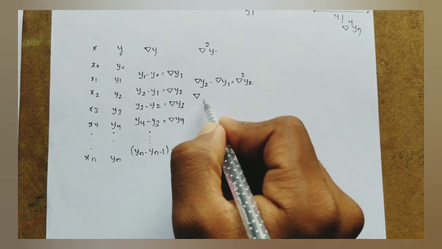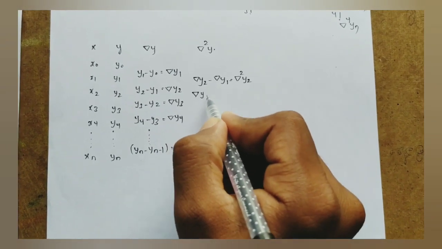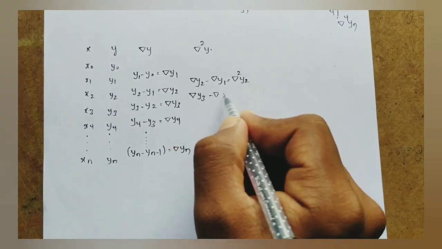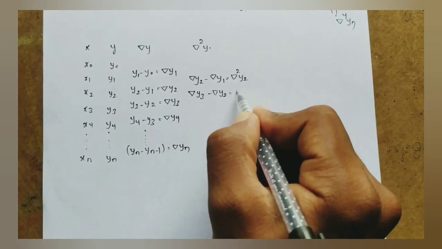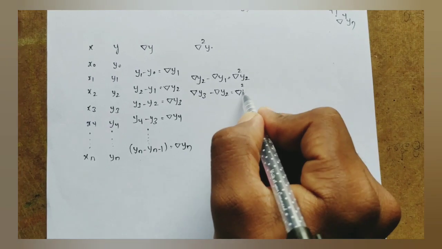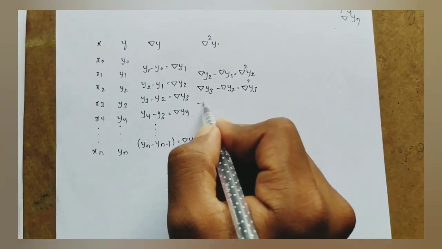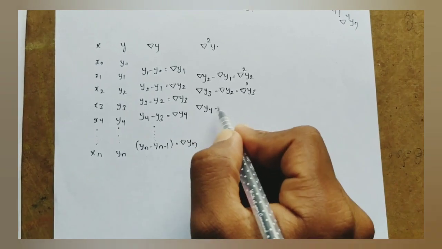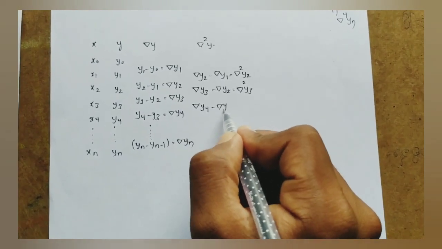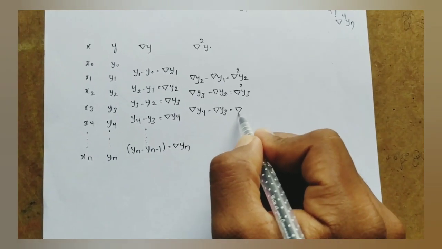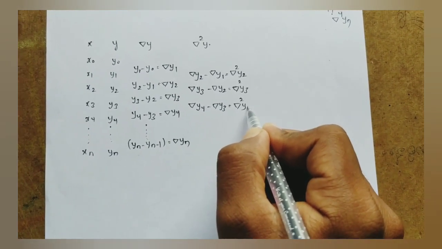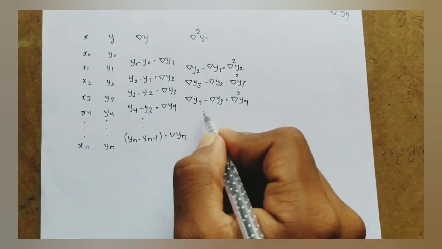Here similarly the value of the difference between del y3 minus del y2 gives the value del square y3. Similarly del y4 minus del y3 gives the value del square y4.